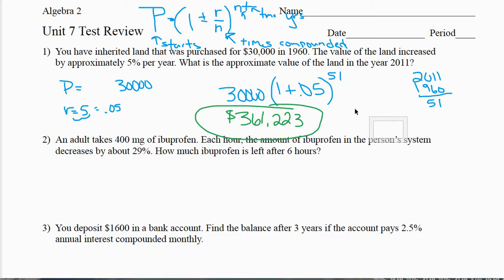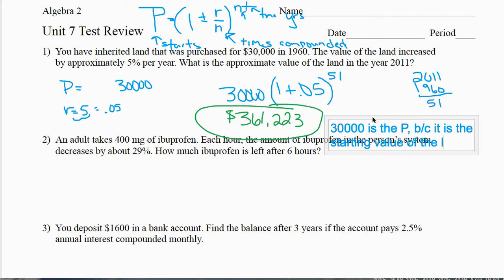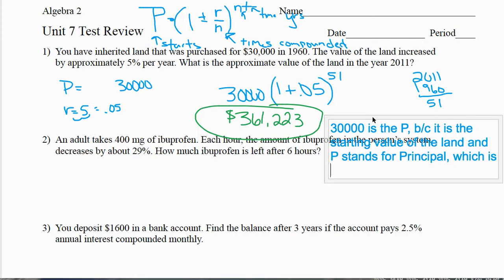So, I want you to be able to say something like 30,000 is the P because it is the starting amount, starting value of the land, and P stands for principal, which is the starting amount for an account.